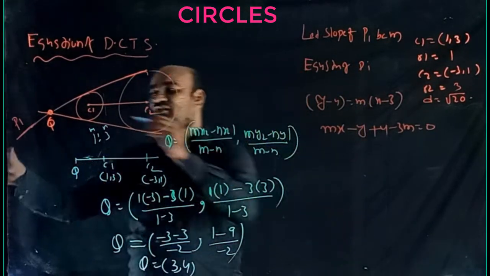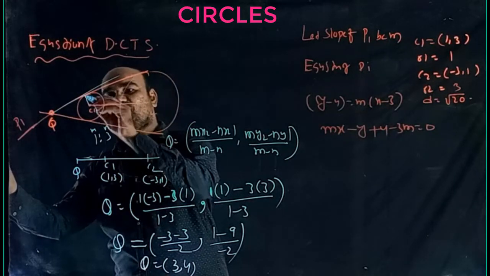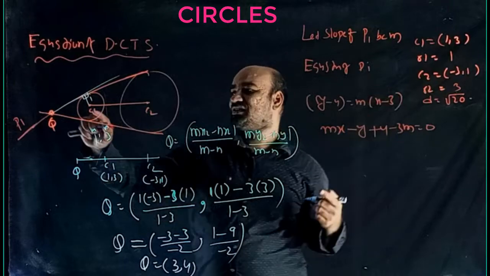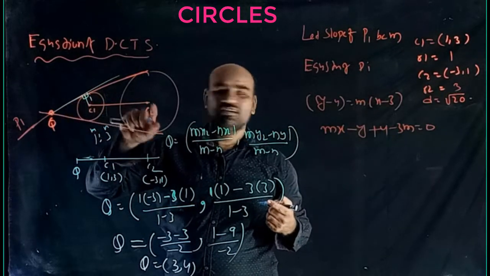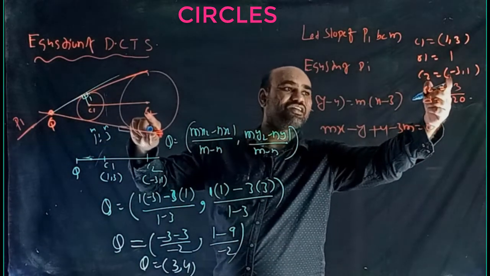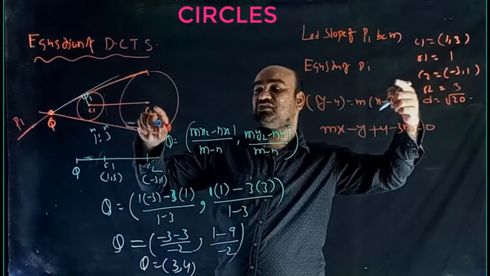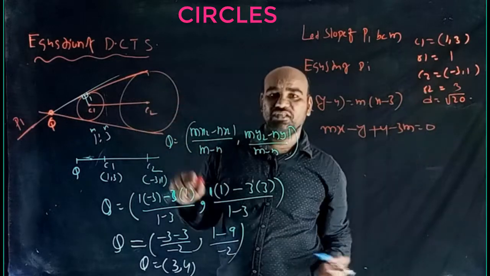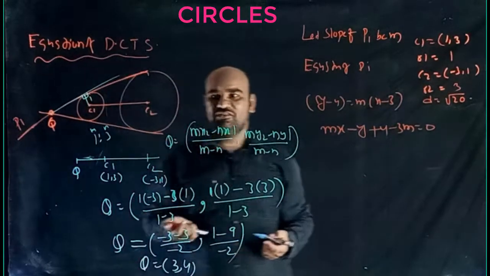This line should be 1 unit from C1. The distance from the center to that line should be 1 unit, or the distance from the center of the second circle, that is minus 3 comma 1, to the tangent should be equal to 3. By using any one of them you can find the m value.